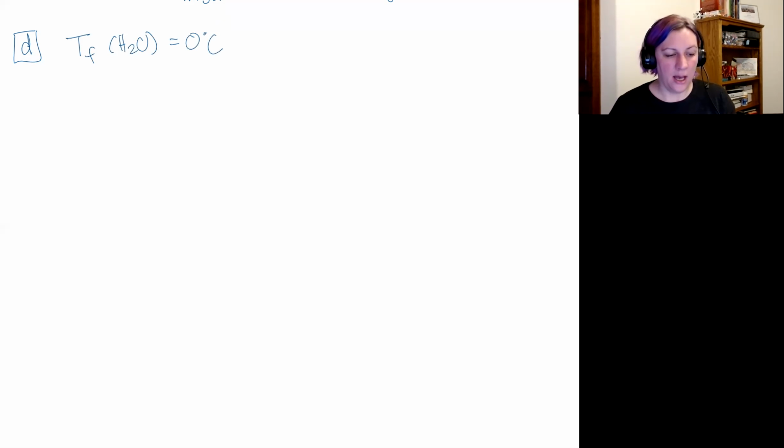Great. We are going to assume that the van 't Hoff factor is 2. That's the theoretical van 't Hoff factor. That 1.9 is for a 0.05 molal solution. And since that doesn't match our molality, we'll go with our theoretical value.